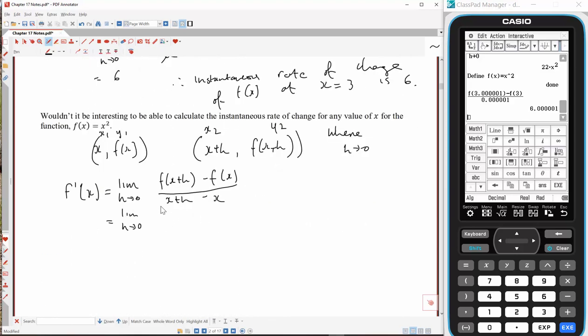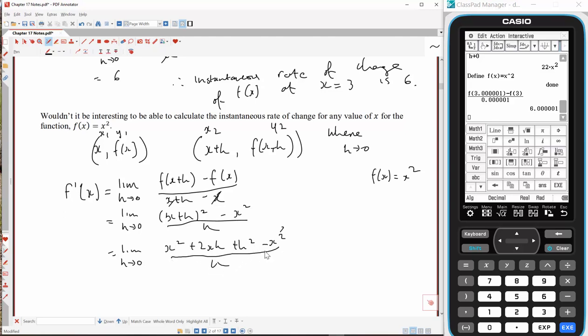So let h approach 0, and now let's slam x plus h into our function. Remember, our function is f of x equals x squared. So we're going to do x plus h all squared, take away x squared, all over h. The limit as h approaches 0 of x squared plus 2xh plus h squared, take away x squared, all over h.